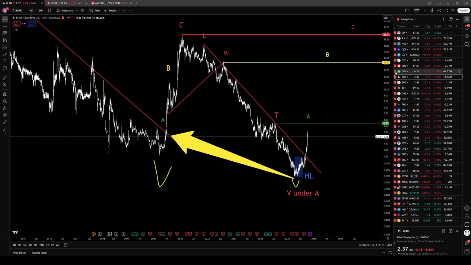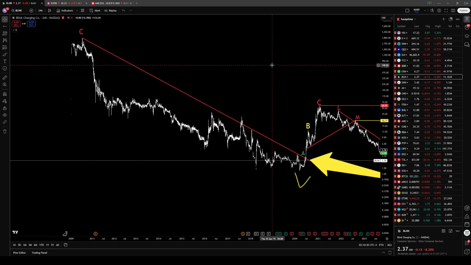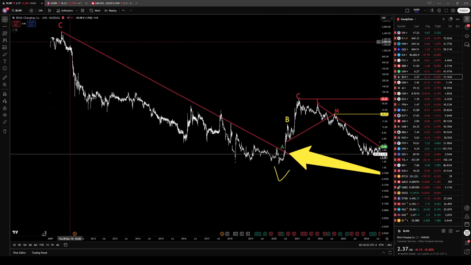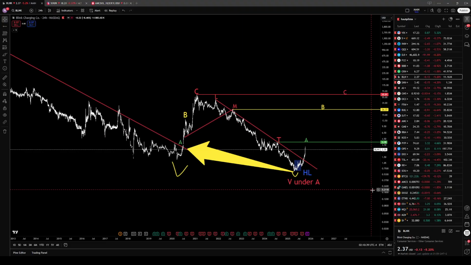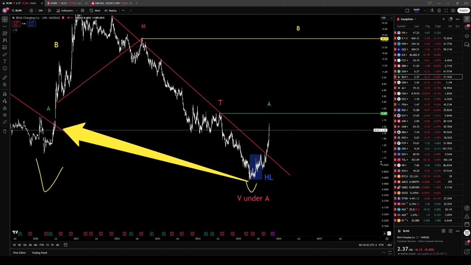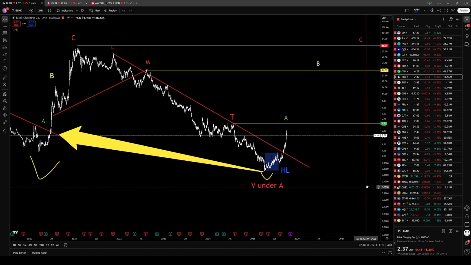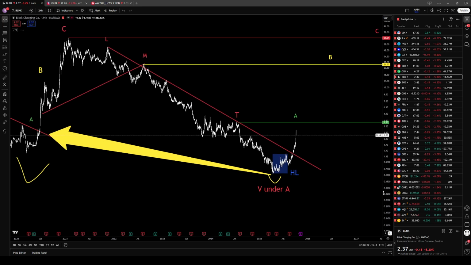BLNK. For the overview, here's your all-time high, M, T, V, ABC, same again. For Blink, because I have a position, I took profit yesterday at market open.